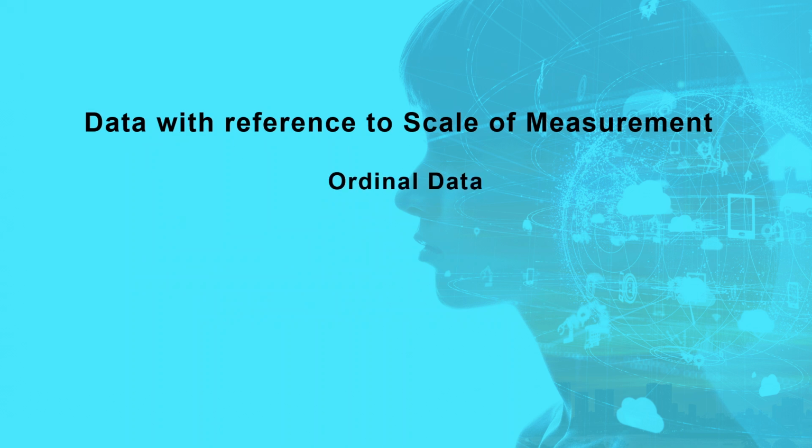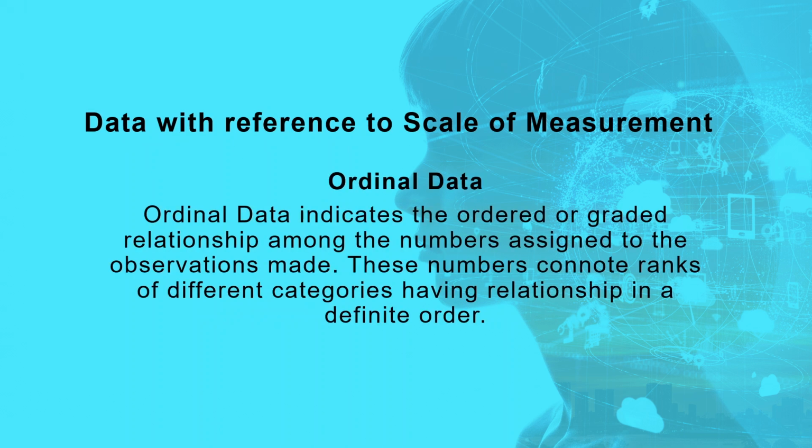It indicates the ordered or graded relationship among the numbers assigned to the observations. Here, the order of the values is observed. The numbers connote ranks of different categories having a relationship in a definite order.